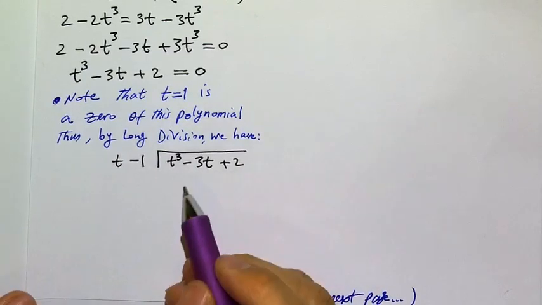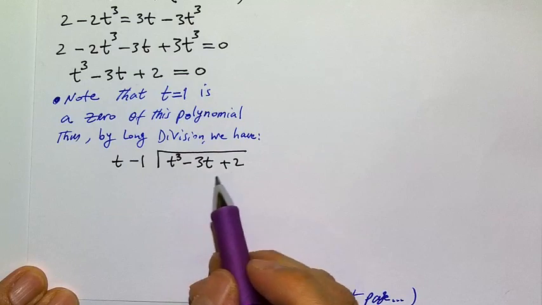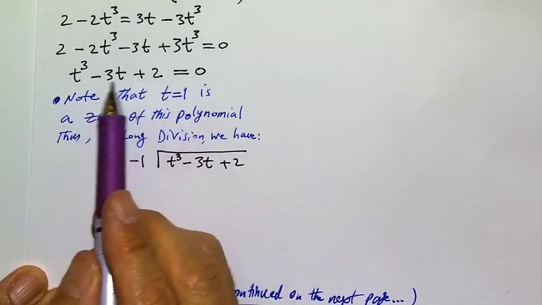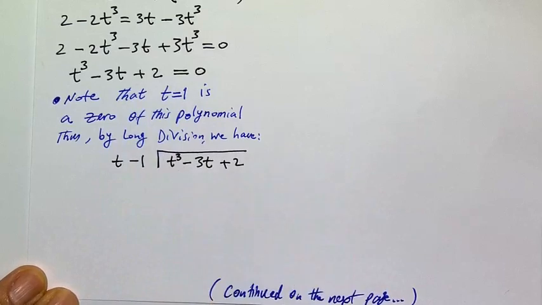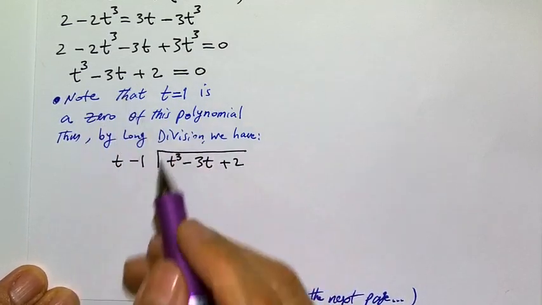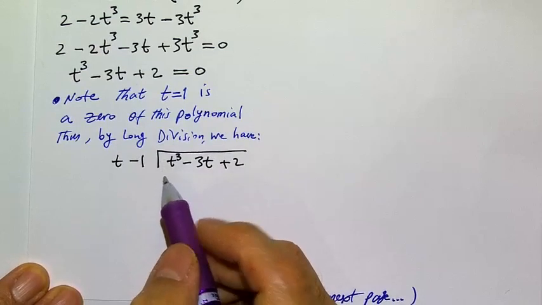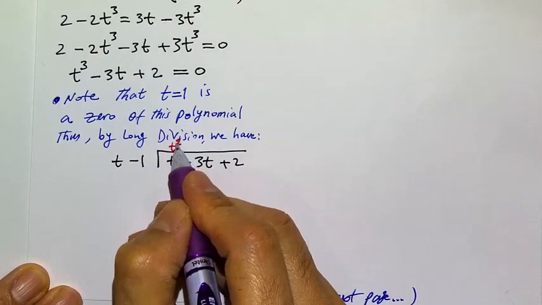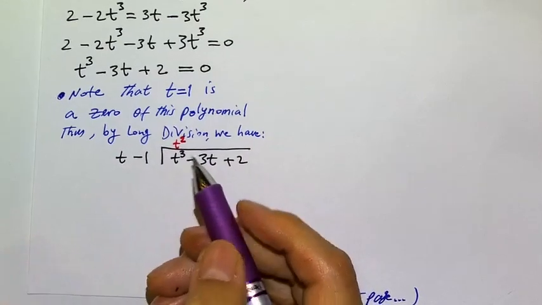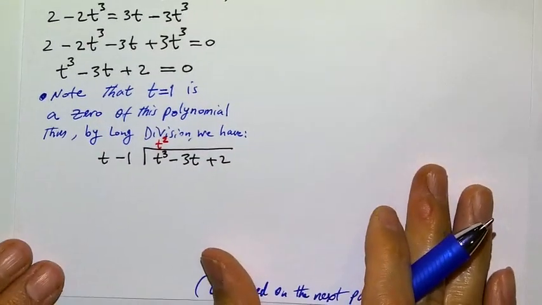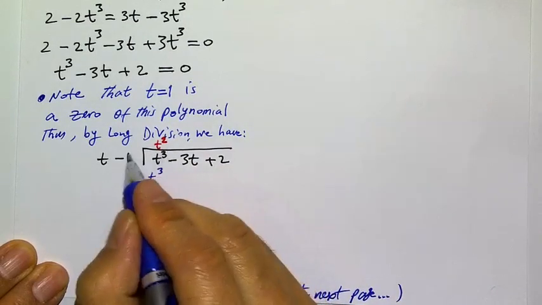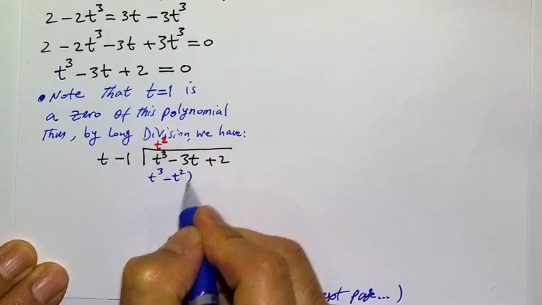And we're supposed to end up with a 0 remainder for this, because if you plug in 1, you get 0. So that means this is a good thing for us. We're going to find factors of this expression. Okay, so then we end up using t squared here. T squared times that.